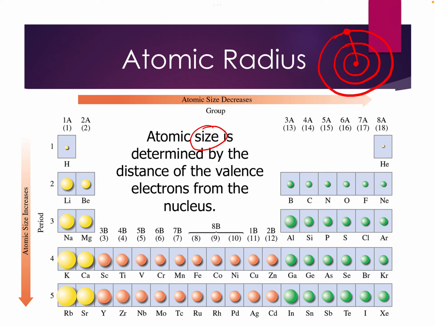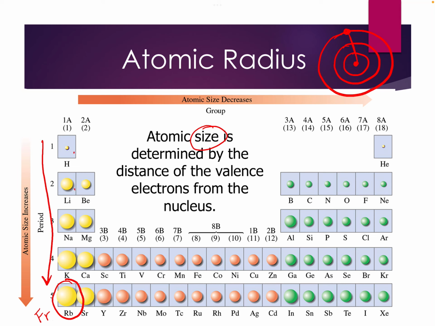So if you look at this periodic table, the biggest element down here that's shown on this periodic table is rubidium. And actually the largest element would be directly below it, which is not pictured, and that's francium. Okay, so atomic size, if we look at our alkali metals, gets bigger going down, right?